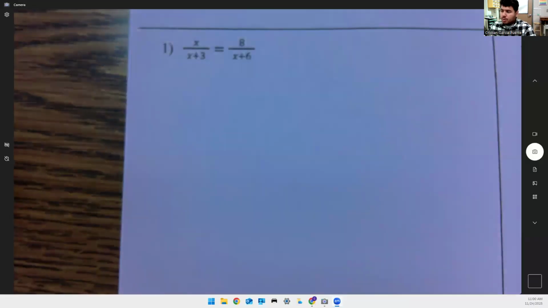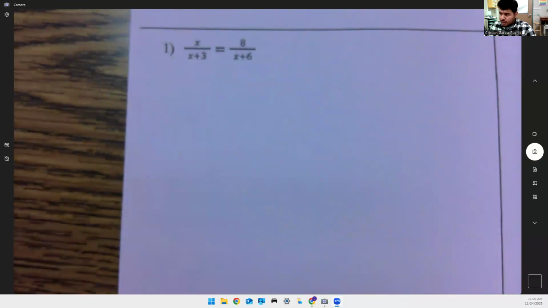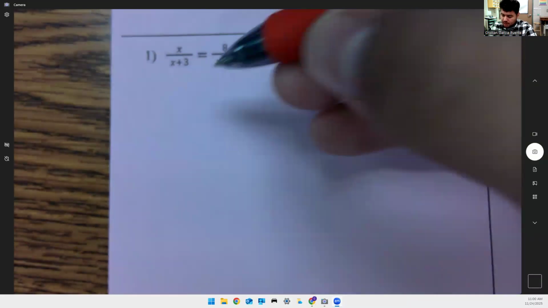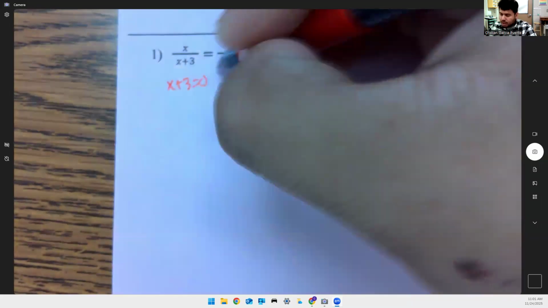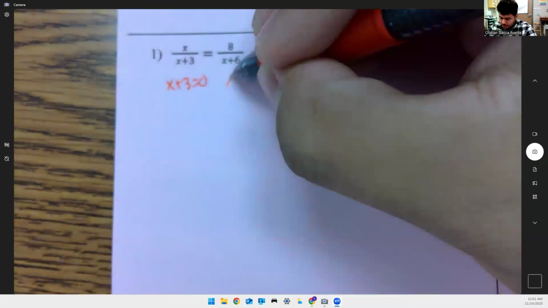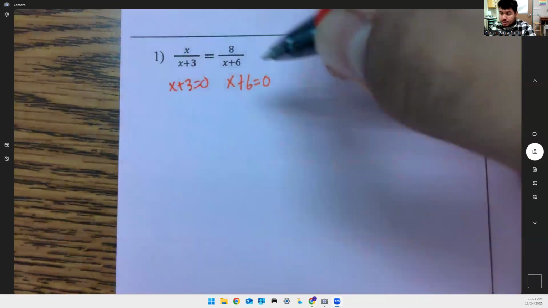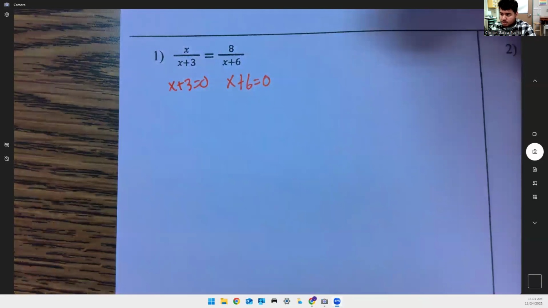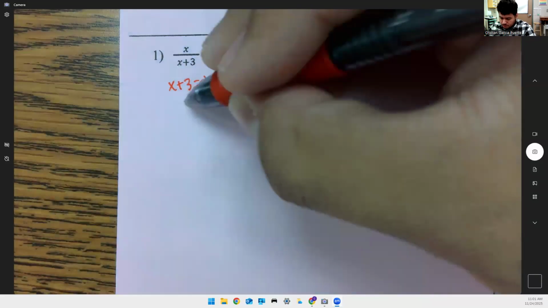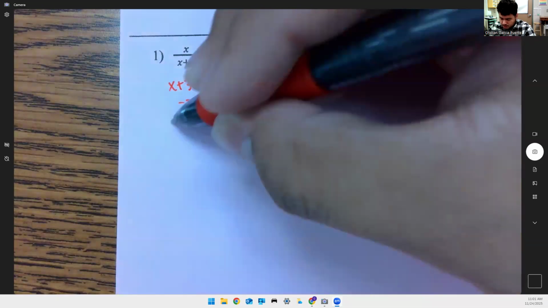All right, so we're going to start by finding our excluded values. So make your denominator equal to 0. So you have x plus 3 is equal to 0, and your second denominator is x plus 6, and make that equal to 0. So we're going to solve for x. How do I get rid of this positive 3? You subtract 3 on both sides. Minus 3, minus 3.